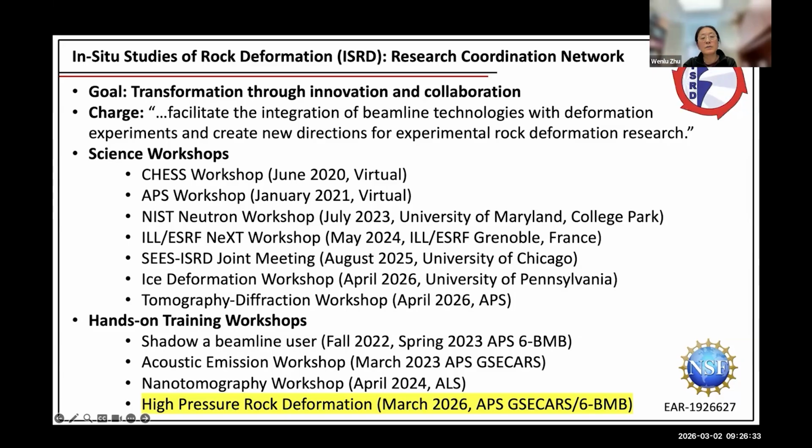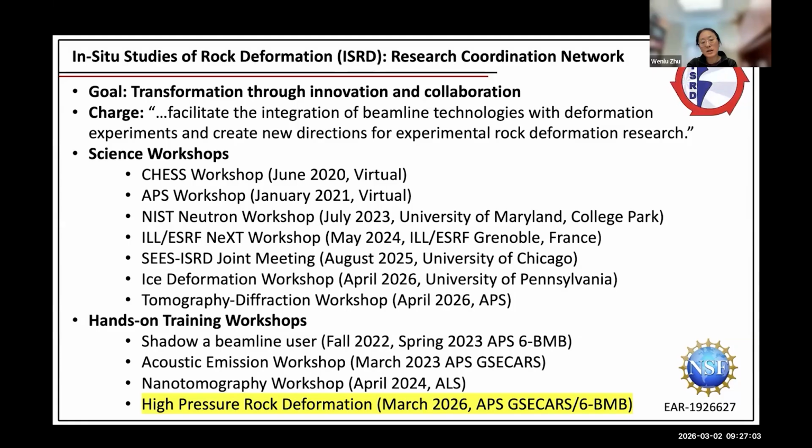To address that, Haiyan especially leads this shadow beamline user program that ran 2 seasons in 2022 and 2023. Afterwards, we did 2 other hands-on workshops in 2023 and 2024 on the acoustic emission technique and the nanotomography technique.